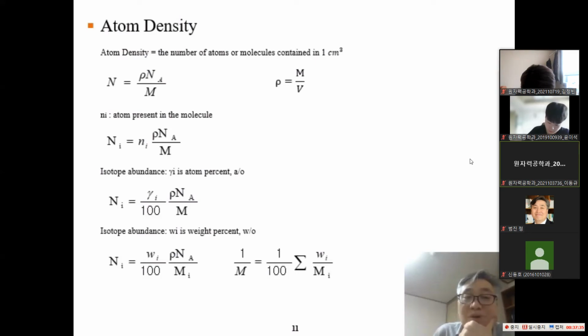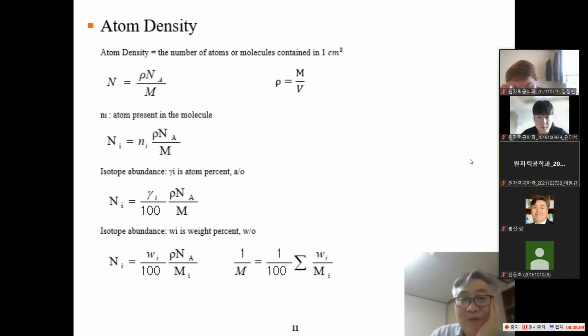Density means number divided by volume, right? So look at the first equation. On the right-hand side, use the expression of the second. The density rho means mass divided by volume, right?